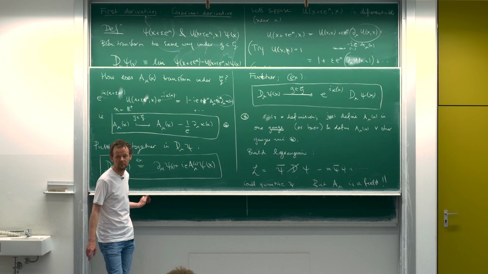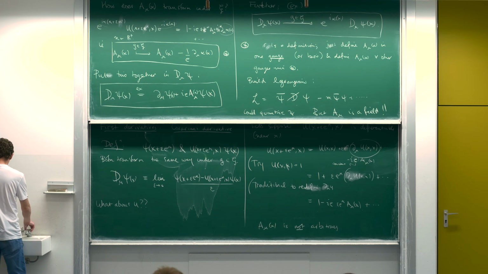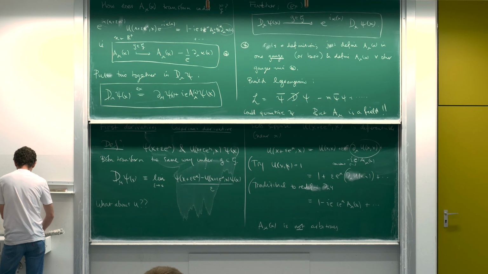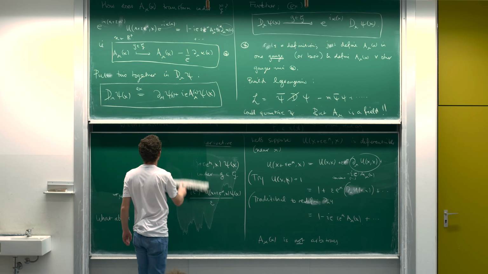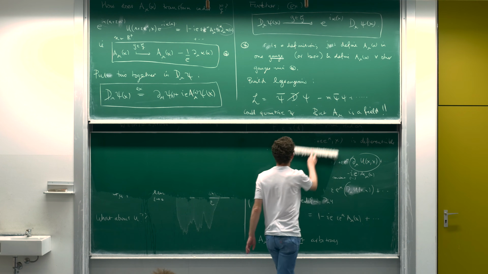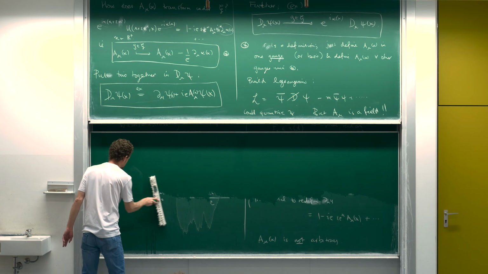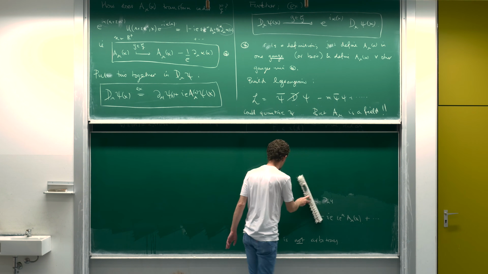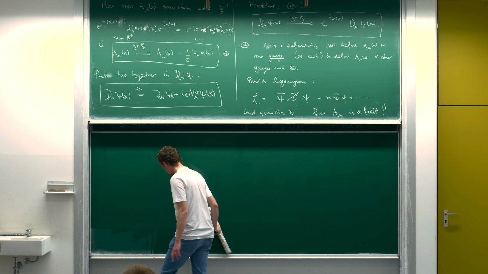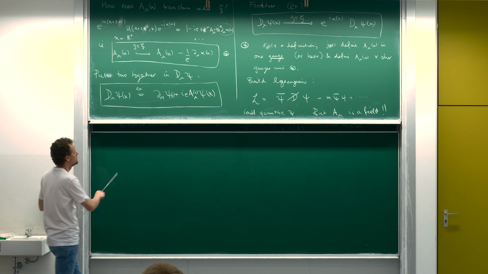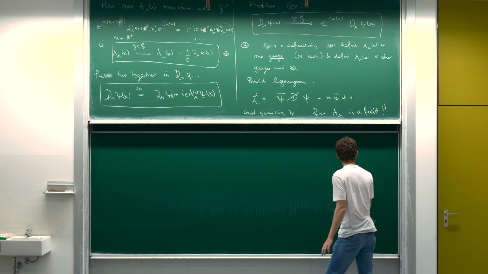But to quantize A mu, we have to give it some dynamics. So at the moment, up to this point here, A mu is some static thing, right?